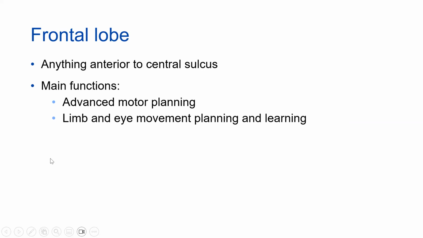So now we'll just get a little bit into the different functions of the lobes. So again, frontal lobe is anything anterior to the central sulcus. Its main function is for advanced motor planning, as well as limb and eye movement planning and learning. So in summary, mainly motor control.